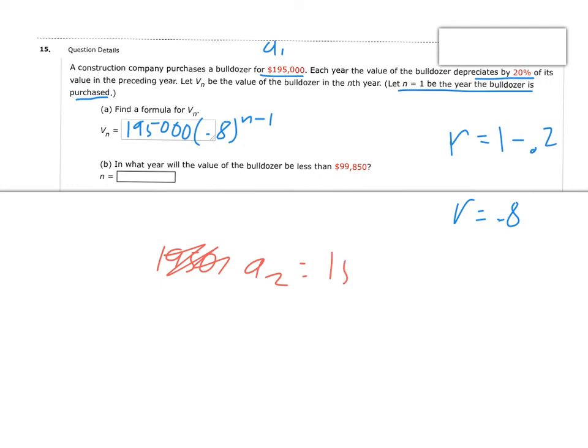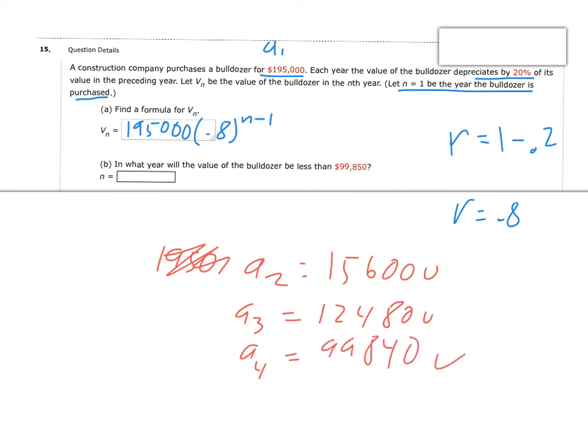So that's going to be 156,000, okay? And then a sub 3 would be 124,800. A sub 4 would be 99,840, so that is it. So I'm going to put 4 right there.